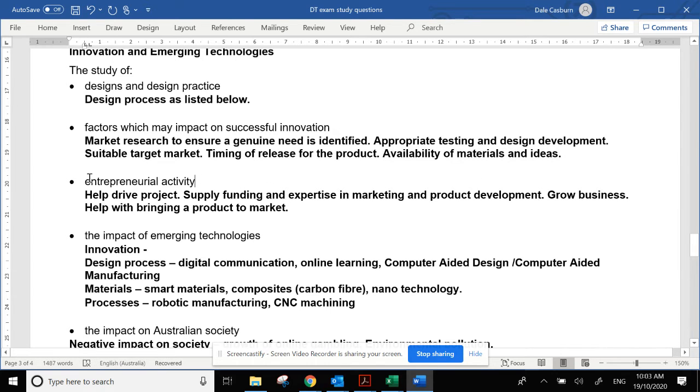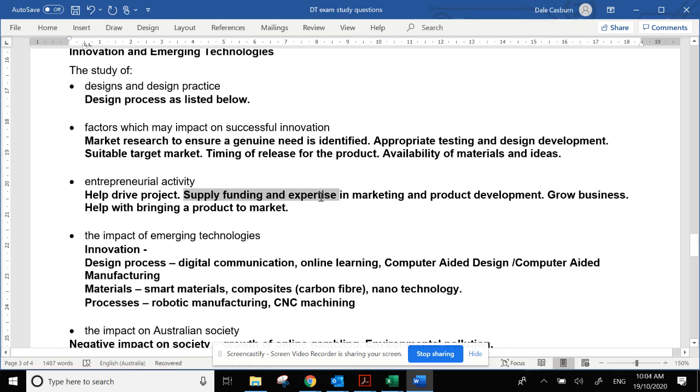Entrepreneurial activity. They love to throw entrepreneurial activity in there. So what can an entrepreneur do? Or sometimes the designer is the entrepreneur. So being able to drive the project is a big one. If you've got those entrepreneurial qualities, you're going to have a lot of drive and be able to drive the project. Hopefully you've got some money behind you so you can supply funding.